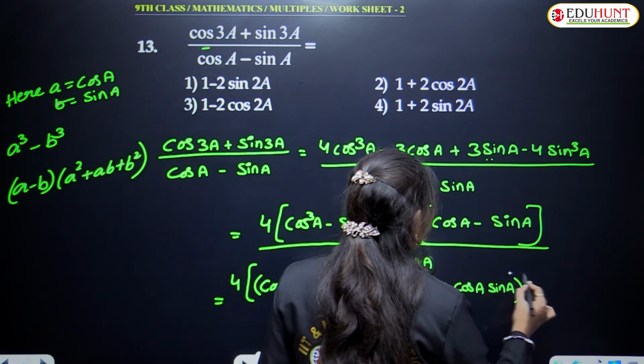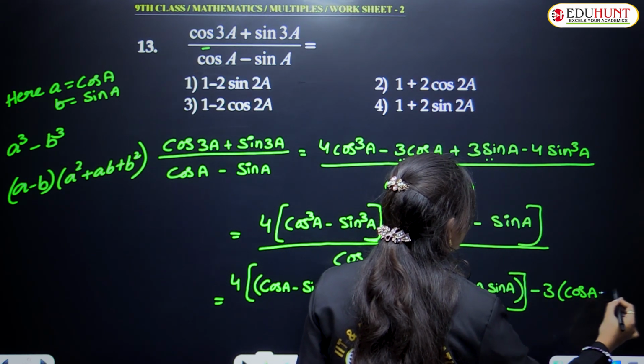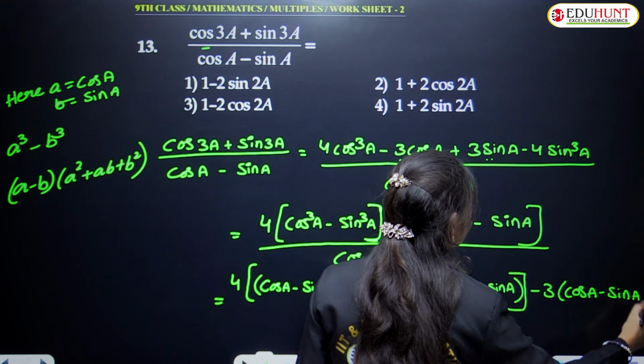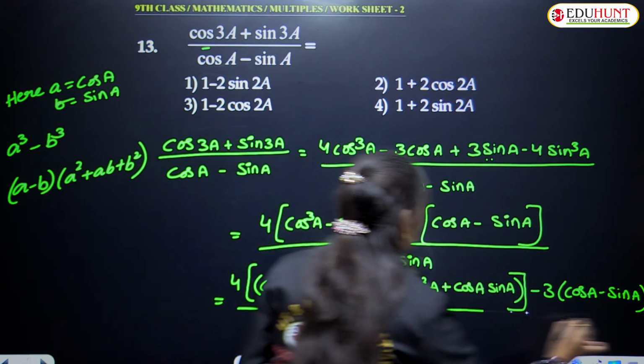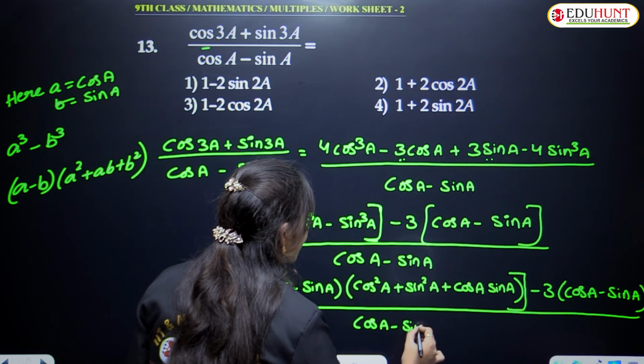So minus 3 into cos a minus sin a, the whole divided by cos a minus sin a.